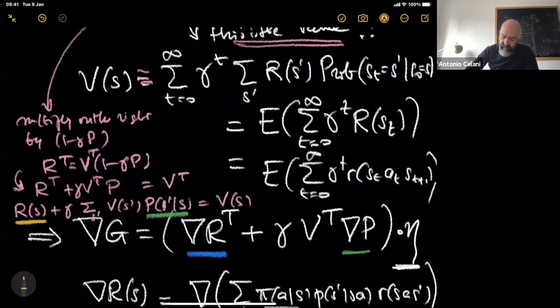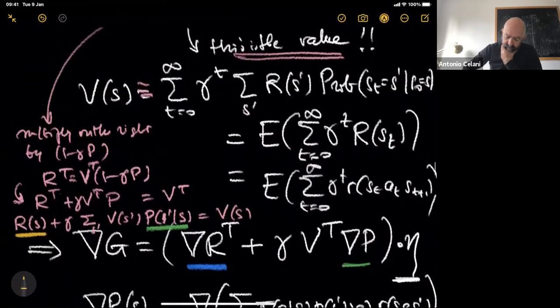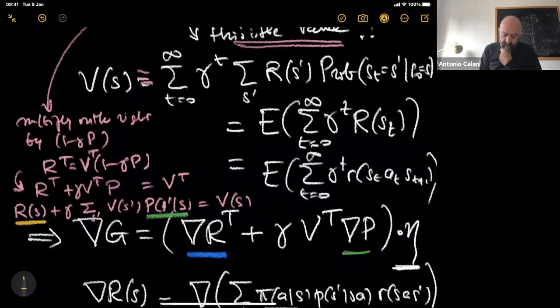I'm not sure if I should squeeze something in the middle here. Okay, so let me see if we can do it without writing, and if not, I will take some space at the bottom.